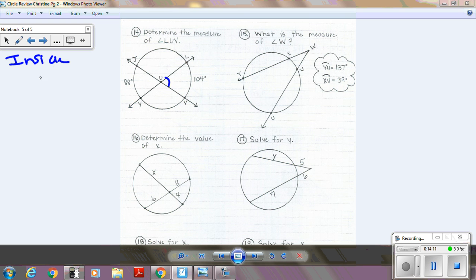So since it's inside, the measure of the angle is equal to arc plus arc divided by 2. So that means the measure of angle LUV is equal to 88 plus 104 divided by 2.